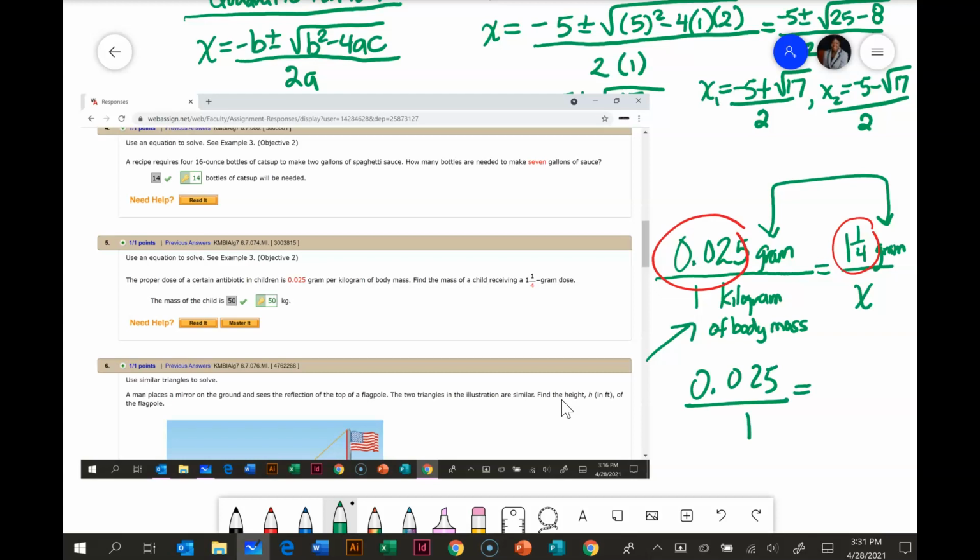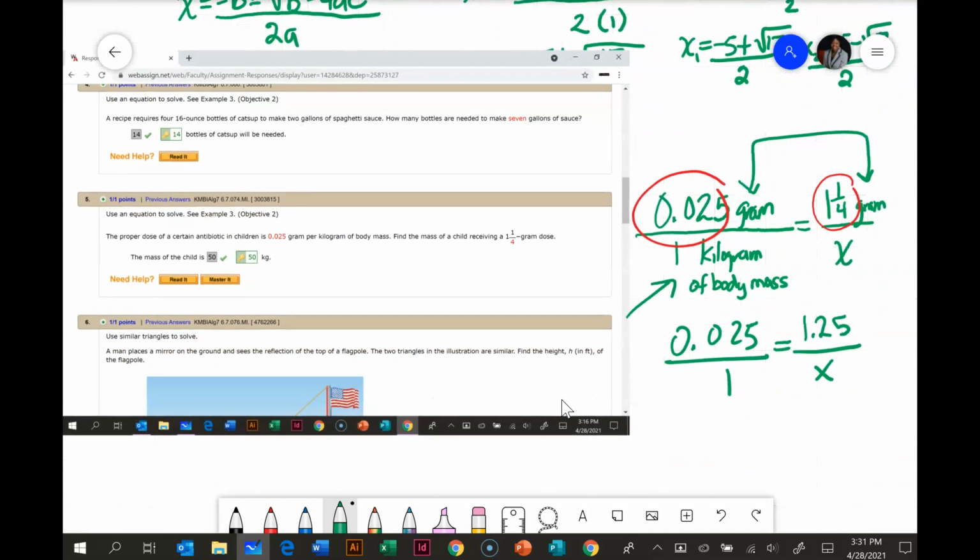And what is 1/4? So you need to understand what is 1/4. I cook a lot, and we use a lot of fractions. So it's important, especially if you want to follow recipes well, that you understand fractions. And 1 1/4 is simply 1.25 over x. All right. So now we just do our little butterfly method here.